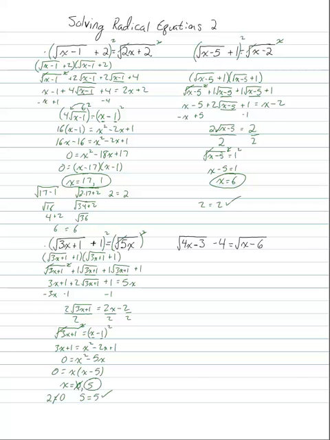So I got square root of 4x minus 3 minus 4 equals square root of x minus 6. Again, I'm going to go ahead and start off by squaring. So I'll write out 4x minus 3 minus 4 twice so I can FOIL it.